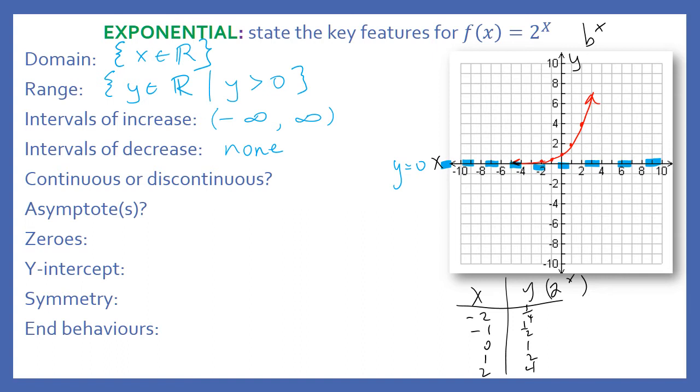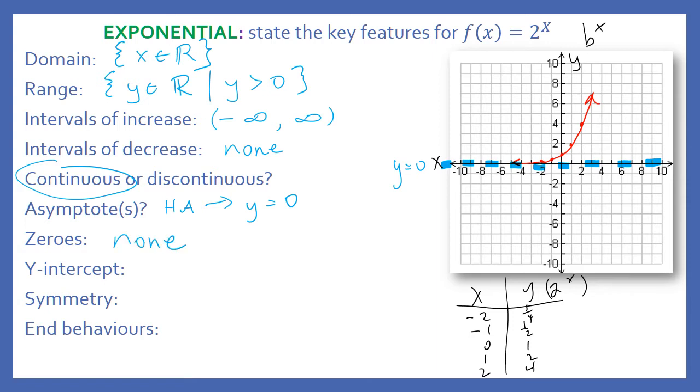There are no gaps in our function, so continuous. Asymptotes, there's a horizontal asymptote, which I'm going to write HA for horizontal asymptote, and it is actually the equation y equals 0. Zeros, doesn't cross the x-axis, doesn't touch the x-axis, so zeros, none.